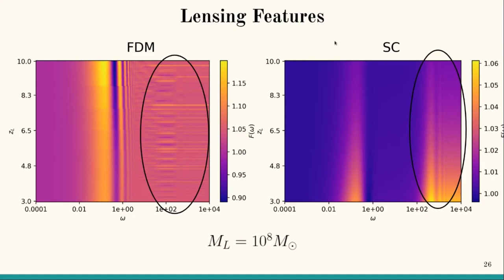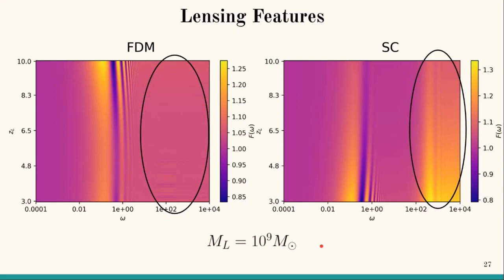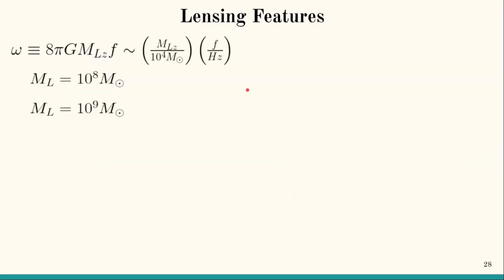So now we plot the amplification factor as a function of increasing redshifts, and we do this for two separate halo masses, one of which is 10 to the power 18 and the other 10 to the power 9. And now we're interested in looking at the values of frequency for which we can make these observations.